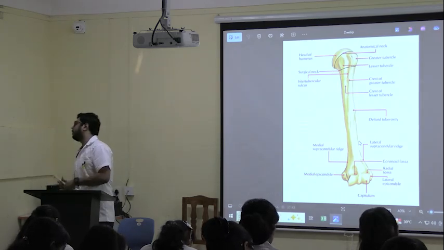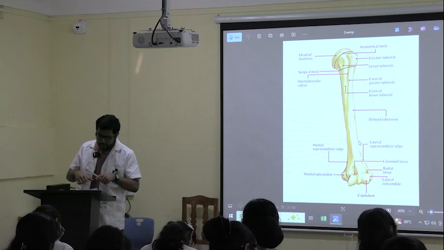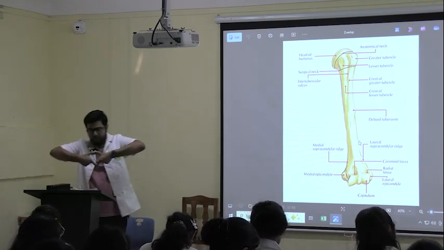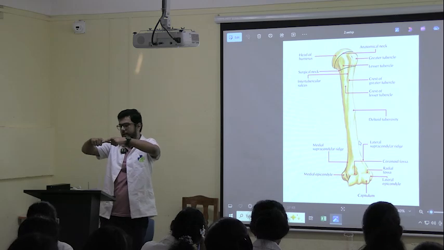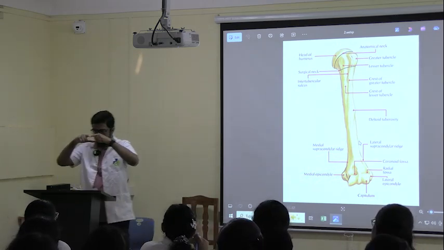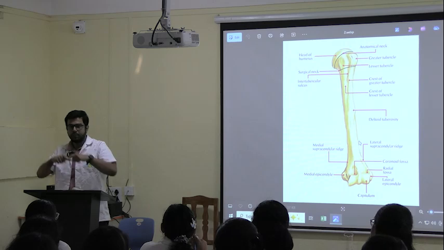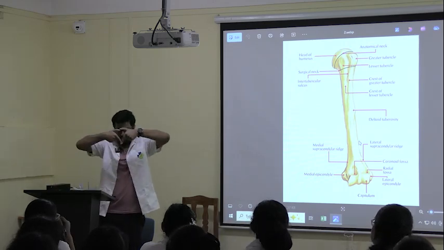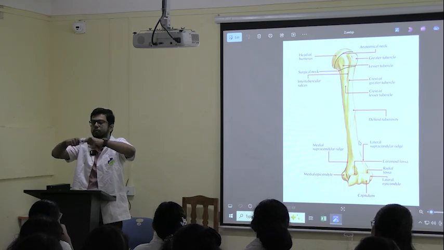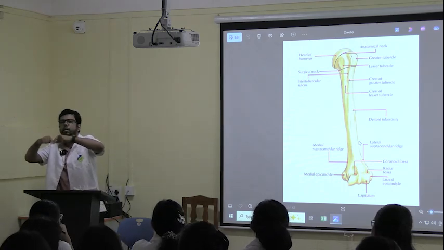So if there is a triangle like this, okay, facing it like this, what will be this border? Suppose it's a triangle, it's a bad one, but if it is facing like this, what will this border be? What is it facing?